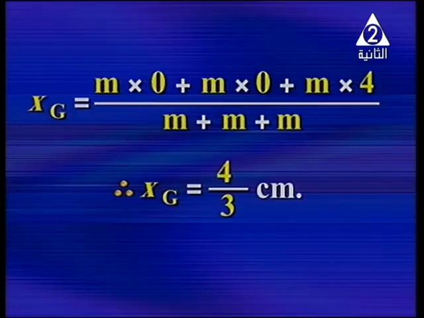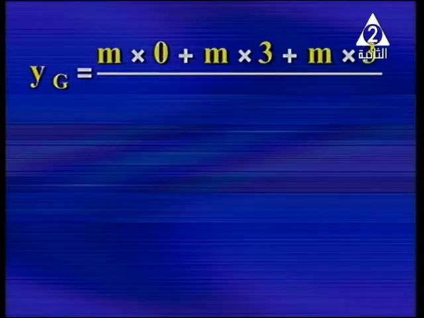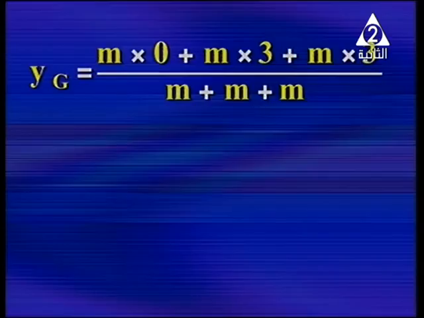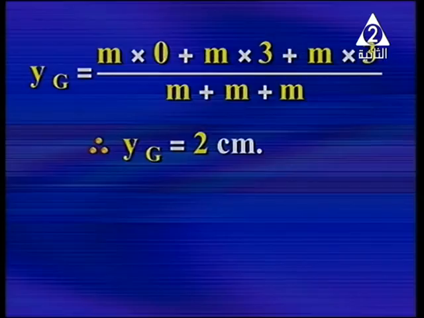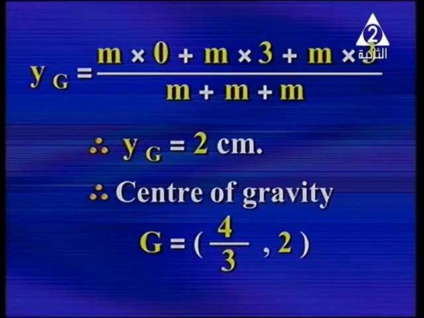By the same method, we find yg. yg equals m1y1 plus m2y2 plus m3y3 over m1 plus m2 plus m3, which equals 2 centimeter. Then the center of gravity is denoted by capital G. Its coordinate is 4 over 3 and 2. What do you mean? 4 over 3 is x, 2 is the coordinate of y.